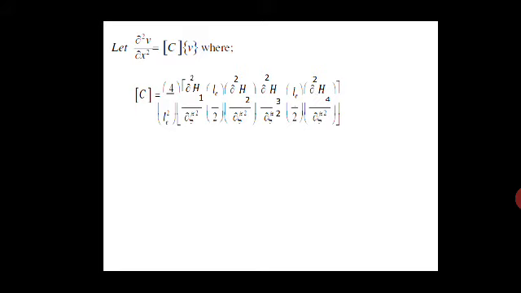Let us consider ∂²v/∂x² as matrix C into vector v, where C can be written with respect to the Hermite shape functions.